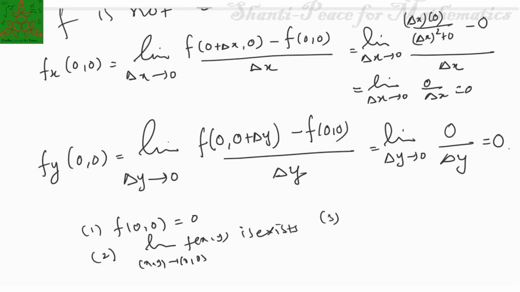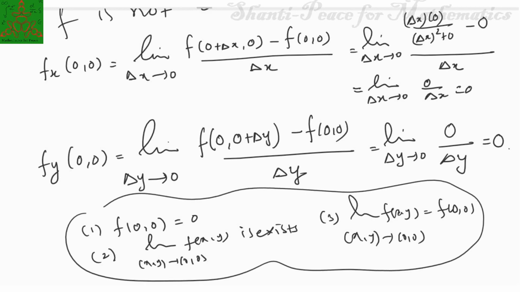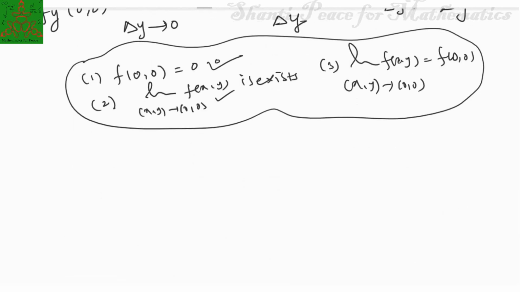And third, this limit becomes f of 0, 0 as xy tends to 0, 0. If any of these three conditions is not satisfied, then we are through. Here the first condition is satisfied because f of 0, 0 exists and it's given as 0. Let us check the second condition, whether the limit exists or not.